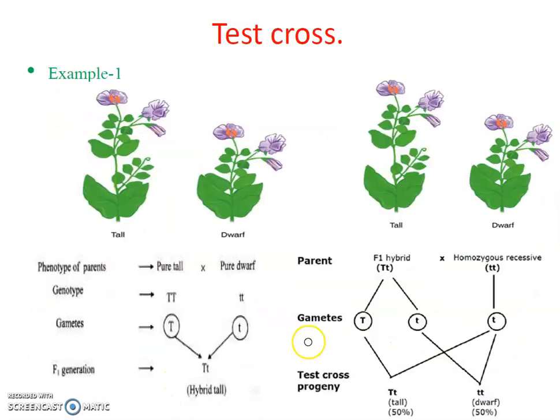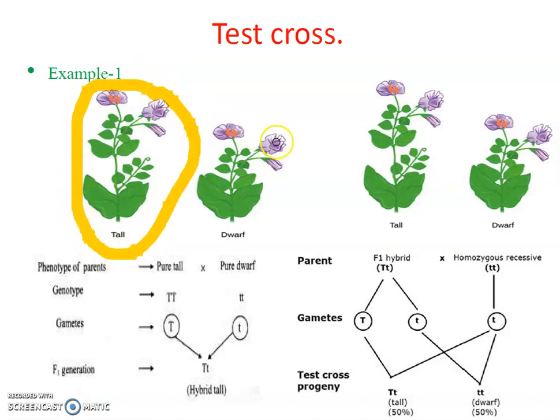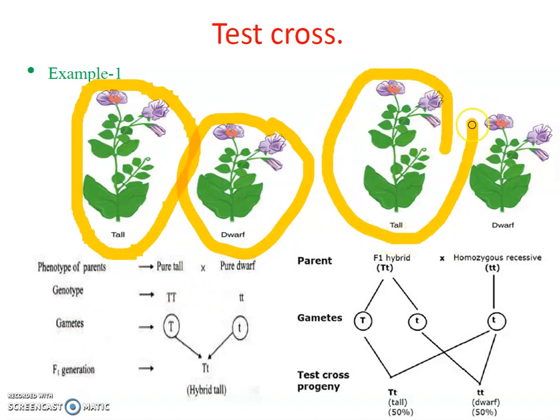See here, the first example of test cross. This is the unknown plant, a tall plant, and this is the known plant, the homozygous dwarf. Here we compare this one with the pure dwarf.